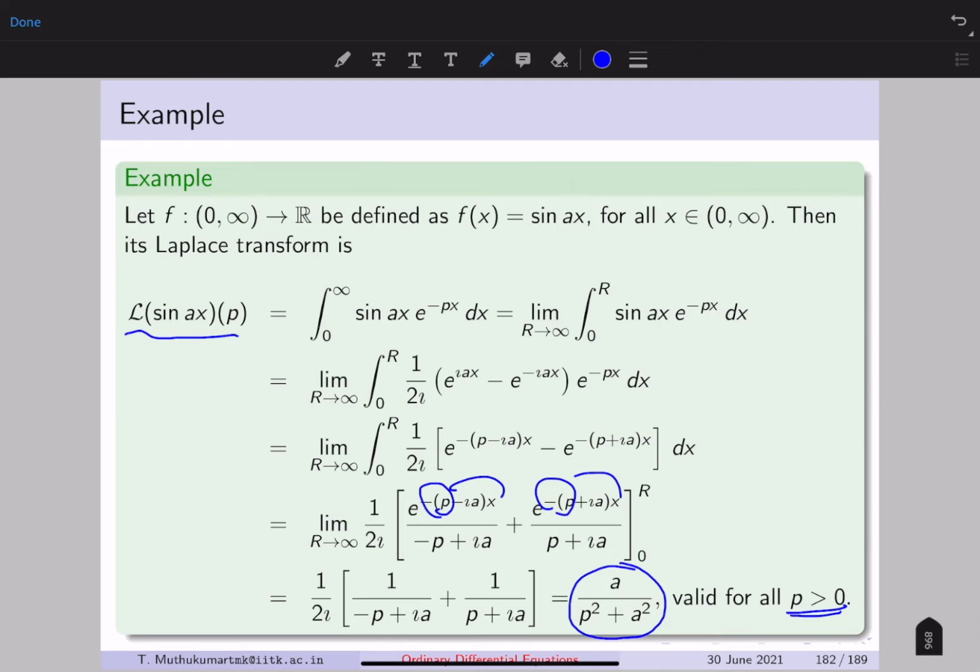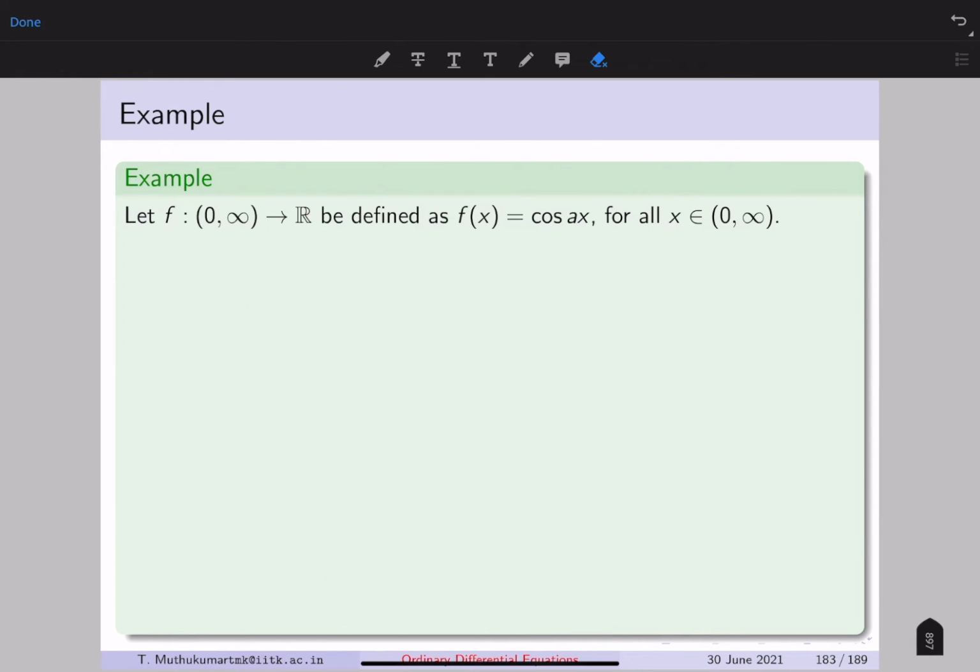Okay, so what is the Laplace transform of sine? This a that appears here within the sine is appearing here in the numerator, so it's a over p square plus a square, which is the Laplace transform of sine ax. Let's do another example. Let's do the cosine function now.